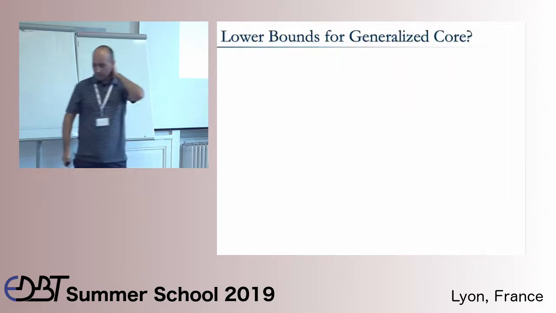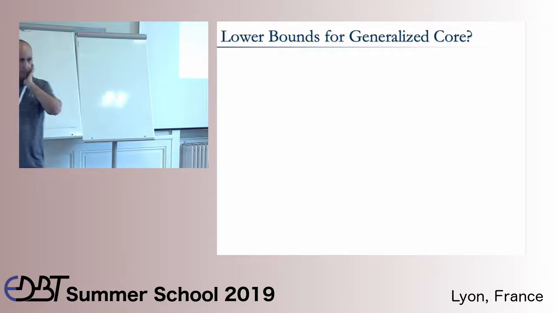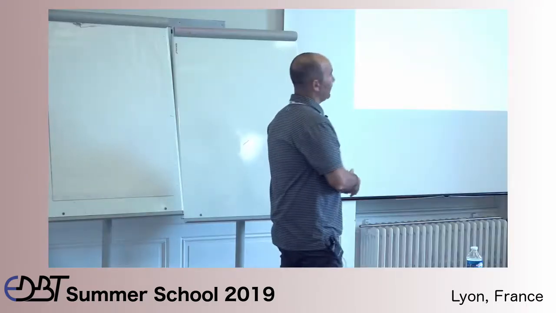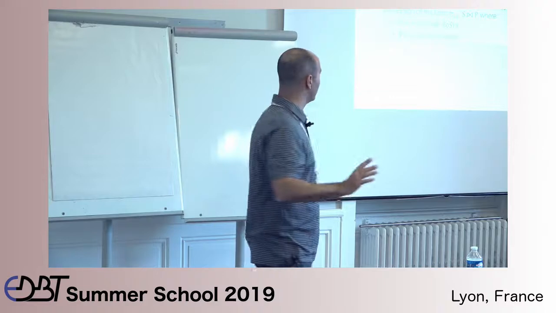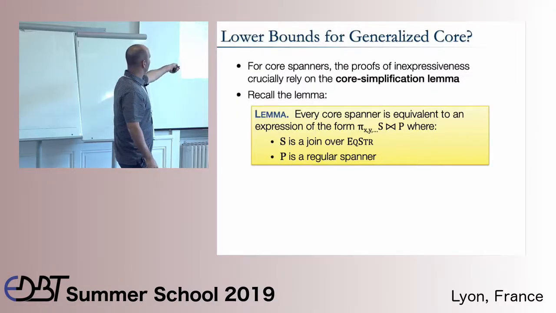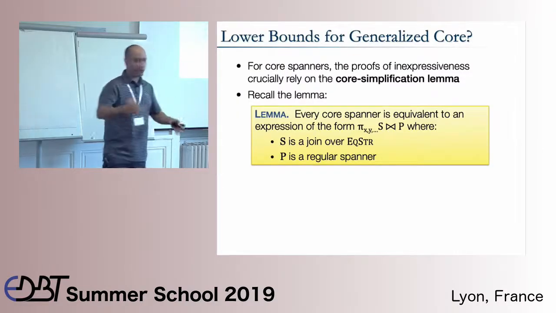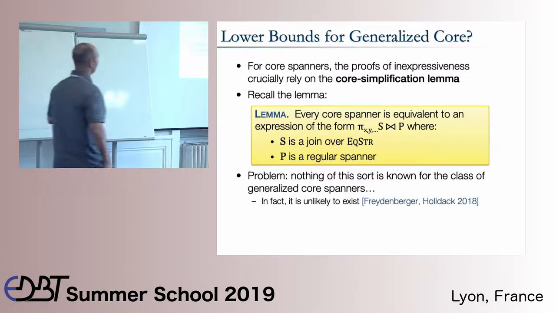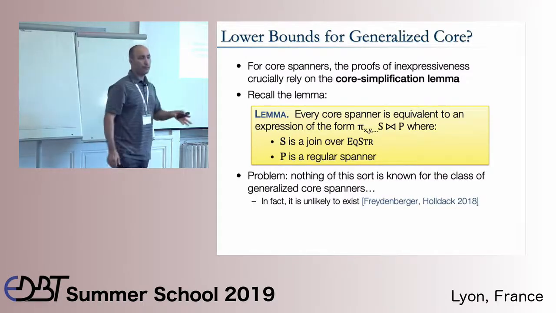So here we faced a problem which took us quite a lot of time to resolve. All of the inexpressiveness proofs that we've had on the core spanners were relying on this very specific lemma of the core simplification, that you can have this very simple form and you can reason about finiteness and so on. This is something that breaks if you have negation.